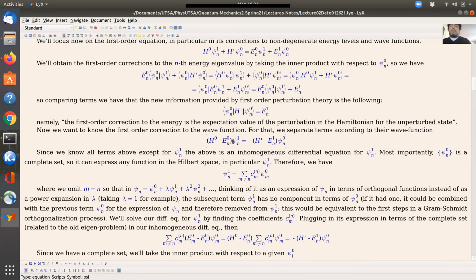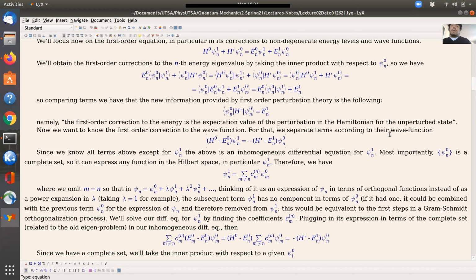So you want to obtain psi 1n, and you can interpret this basically as some sort of inhomogeneous differential equation for the first order wave function correction, because everything else is known, and you have these basically DFQ operators.